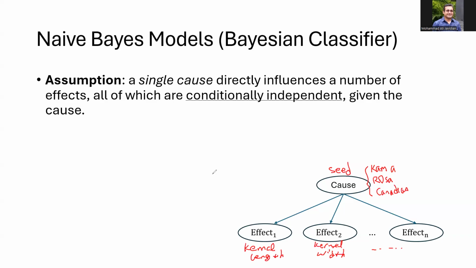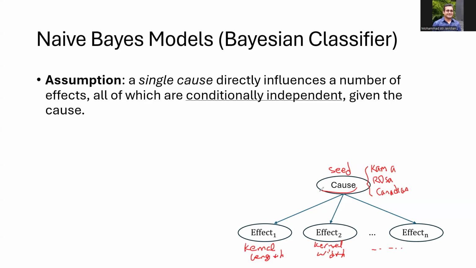So there is a single cause, but the main assumption is that all of these effects, kernel length, for example, and kernel width, are conditionally independent given this cause. So when we know the seeds, these features are not dependent on each other, which is a strong assumption.